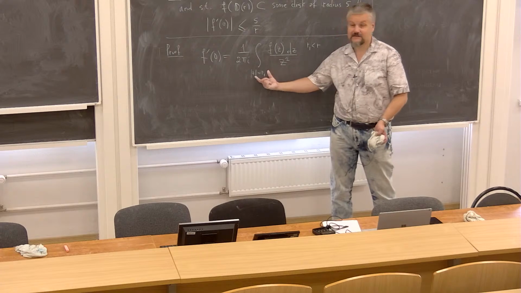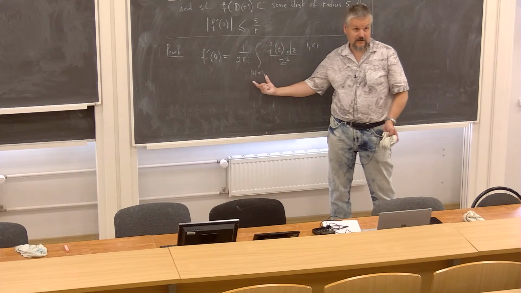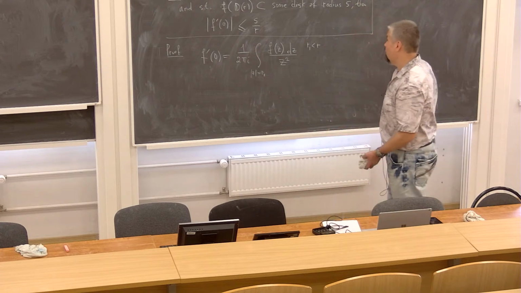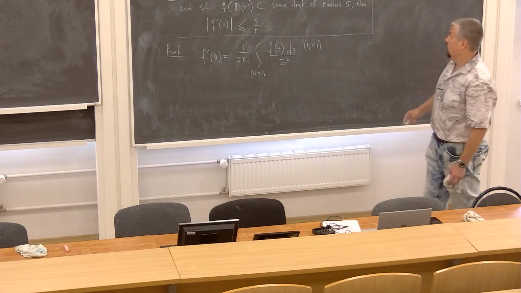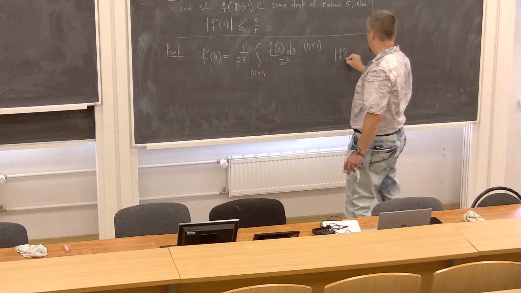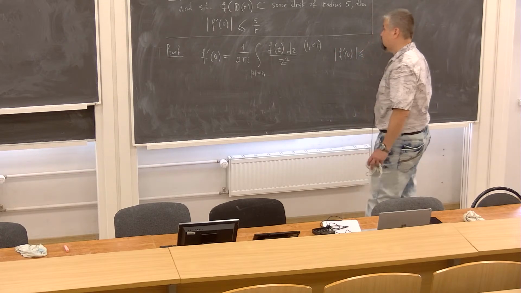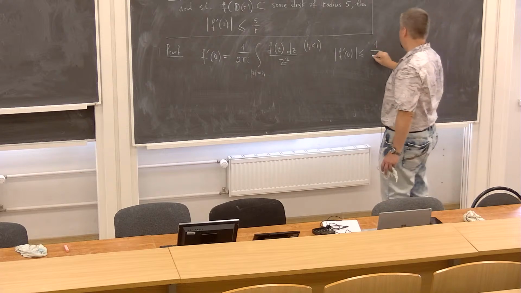So I took a slightly smaller radius, and then I want to estimate the right-hand side of this Cauchy formula. So the modulus of f prime of 0 is less than or equal to 1 over 2 pi times the integral.